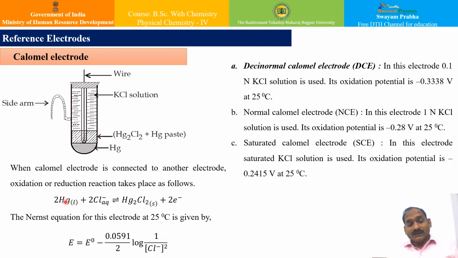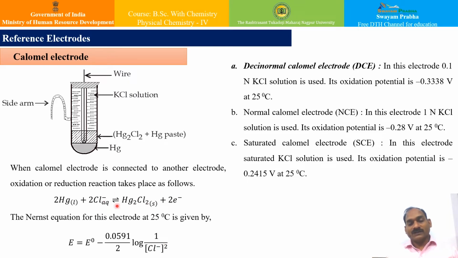All in all, if I use it as an anode and connect this cell to some cathode, the Nernst equation for this electrode at 25 degrees centigrade will be given by E equals E standard minus 0.0591 upon 2 log of 1 upon Cl minus square.